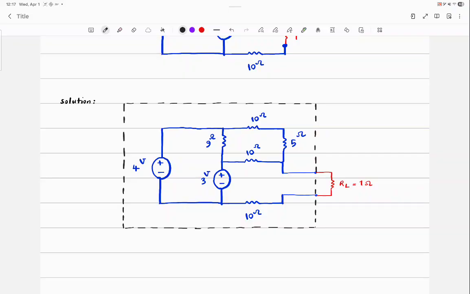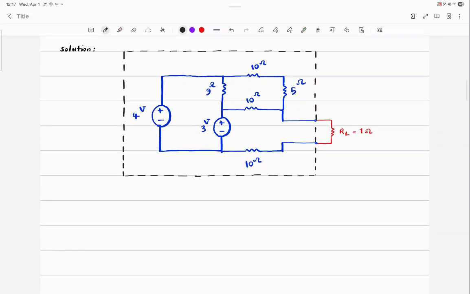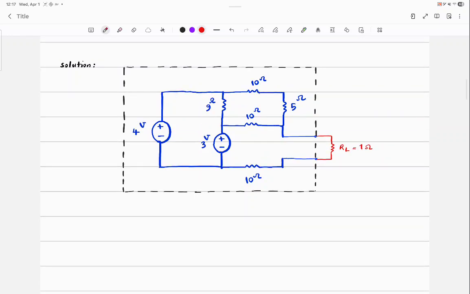Does it make sense what I meant by doing that? Very good. Now, let's calculate VTH. So what should I do to calculate VTH?